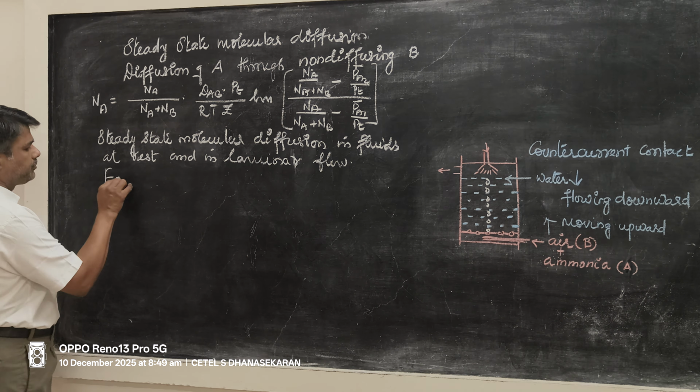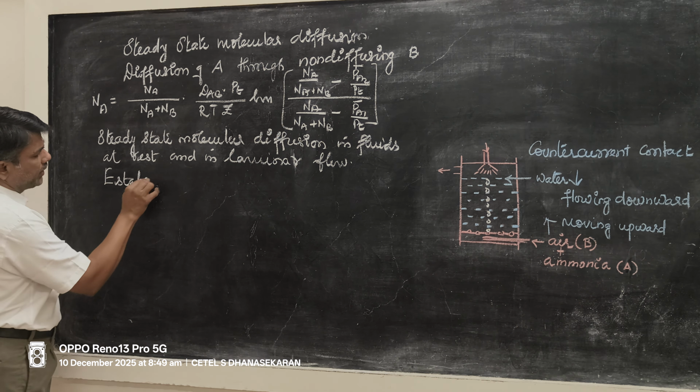Establishment of relationship between NA, the flux of A, and NB. To make it easy to understand, let us consider a simple example, air and ammonia.